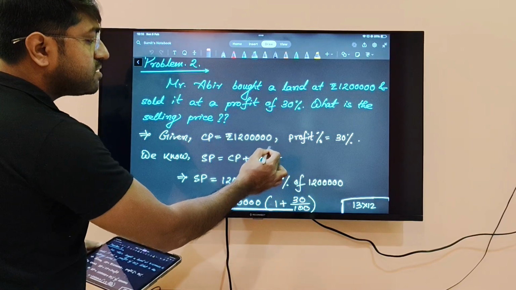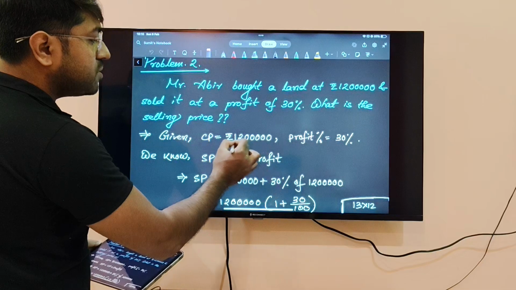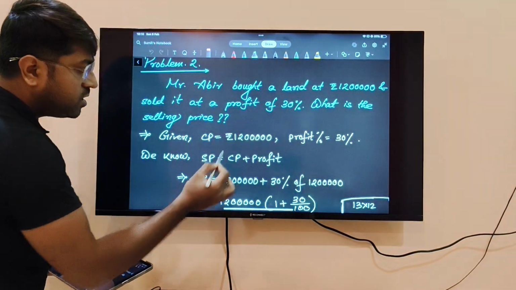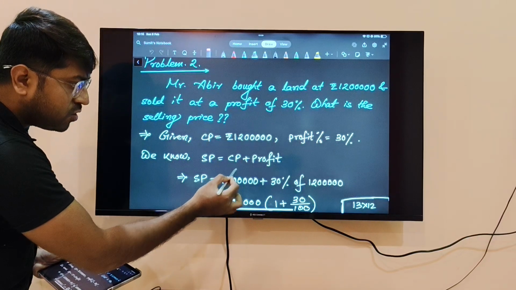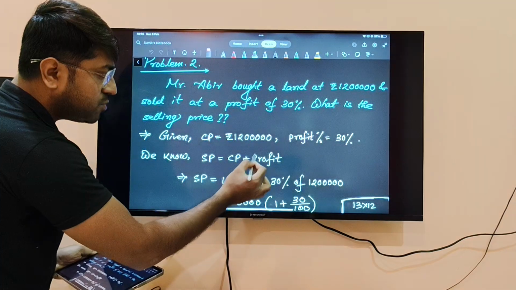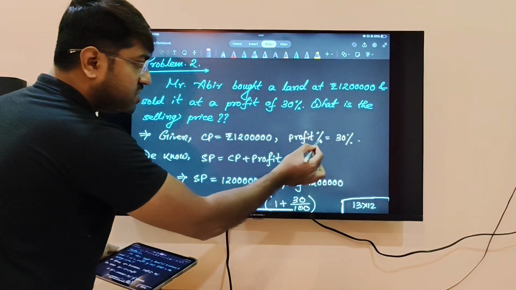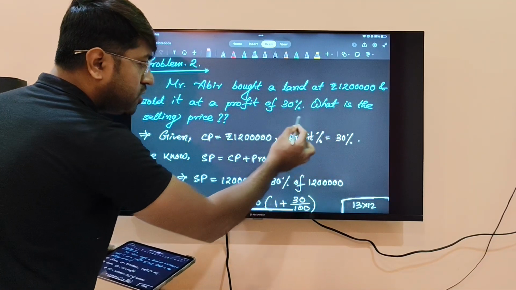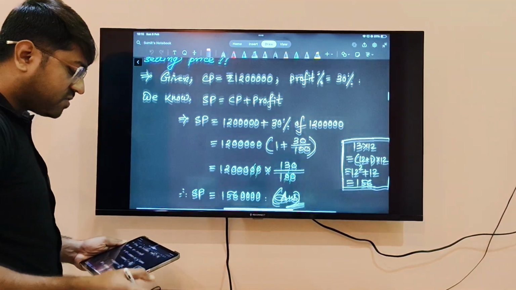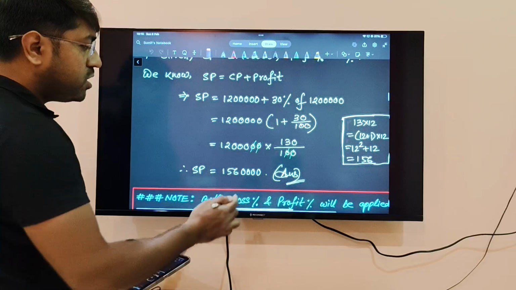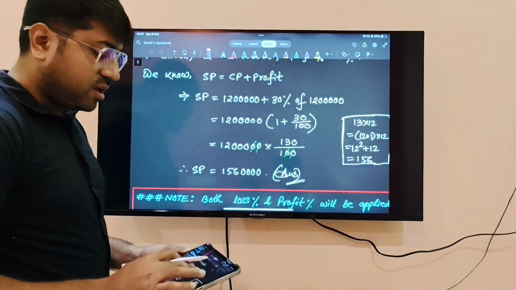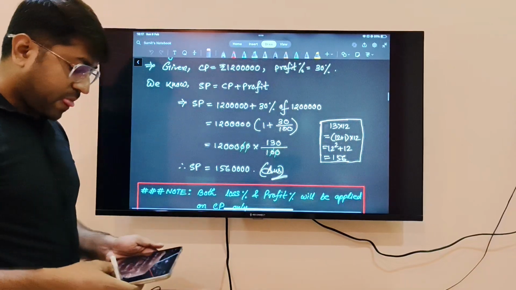How to calculate profit? Profit will be calculated on CP. So 30% will be on CP. CP is 12 lakh. Profit is not given, profit percentage is given, that will be applied on CP. 30% of CP. After some calculation, we have got 15,60,000. That is your SP.